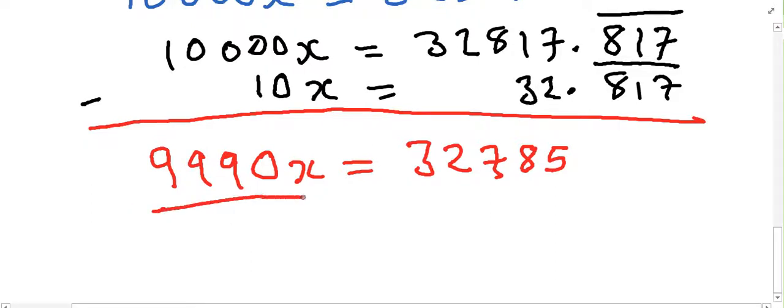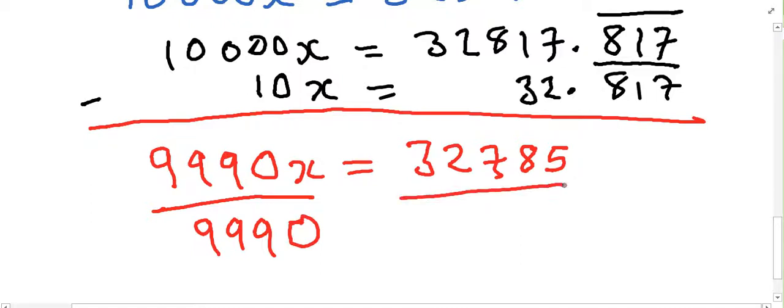All right, so from there we're going to divide throughout by 9990.